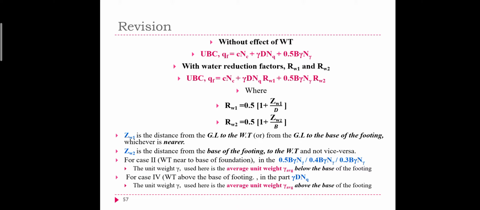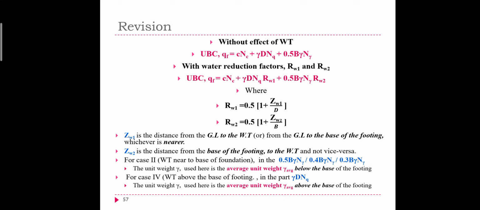That is, sometimes the distance from ground level to the water table will be nearer. If the water table is nearer to the ground level, then that is taken as ZW1. If the water table is below the base of the footing, then we take ground level to the base of the footing.